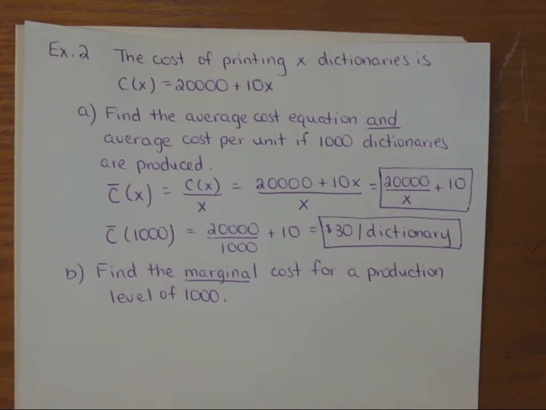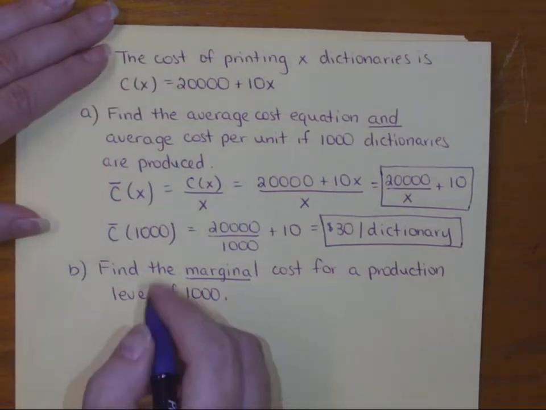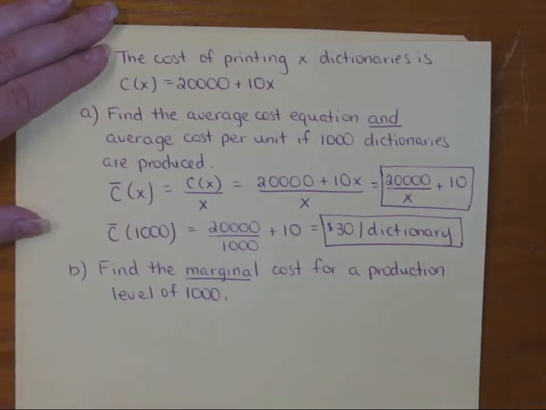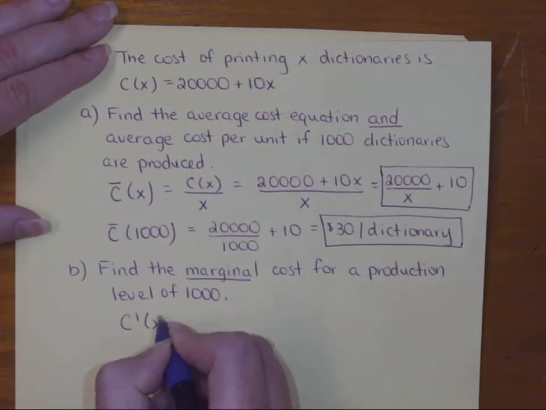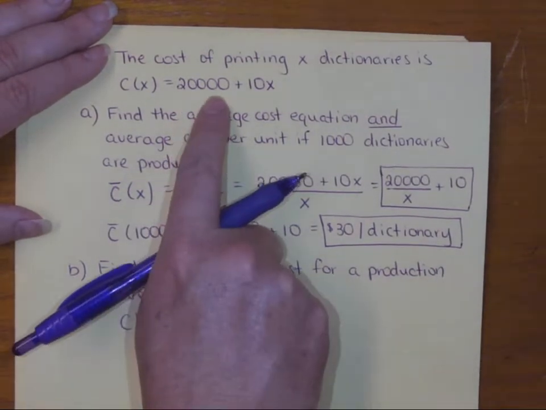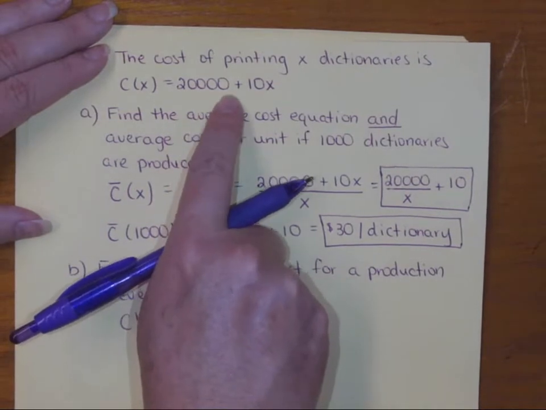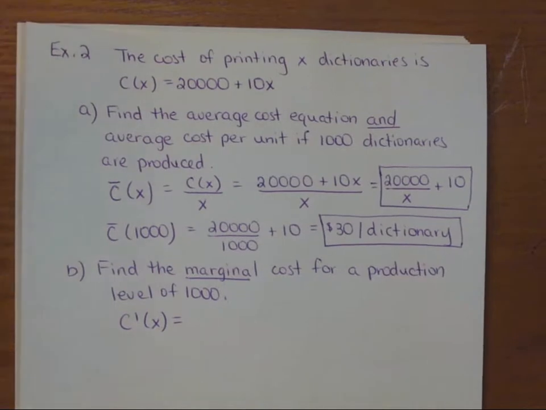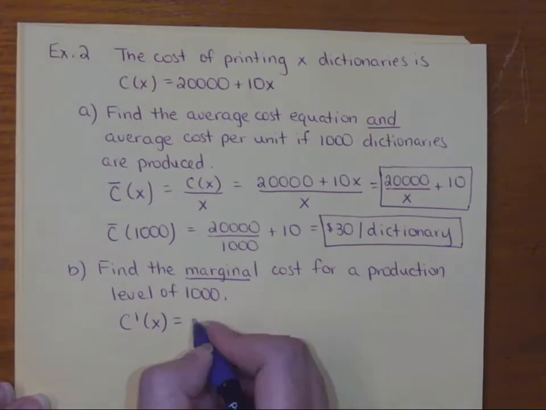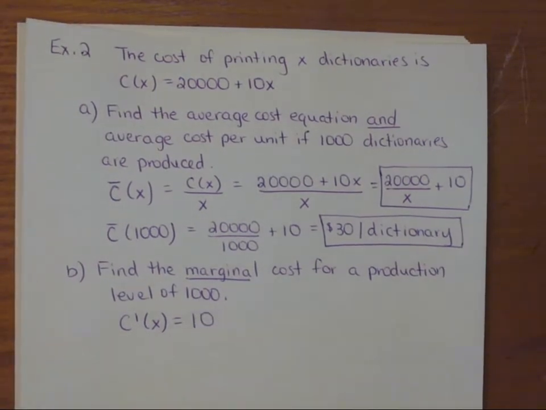Remember I told you anytime you see the word marginal, you should think to yourself that means derivative. We have our C of X right here. What would the derivative of this be? Let's write this down. C prime of X equals, now the derivative of 20,000 is just 0. The derivative of 10x, if you picture it as 10 times x to the first power and you move that power around to the front, the derivative is just going to be 10.